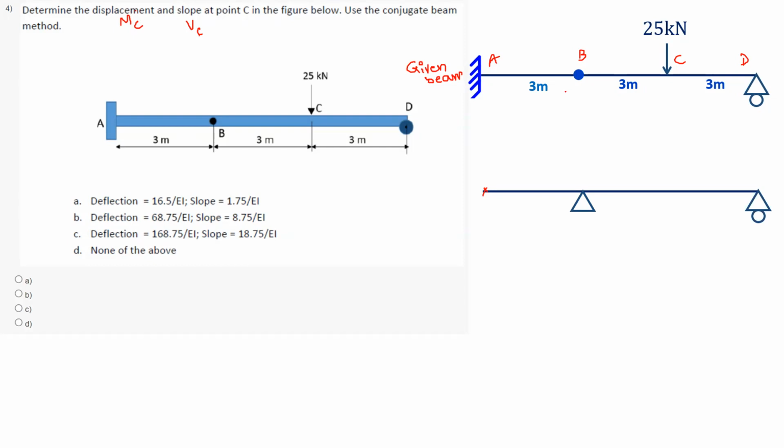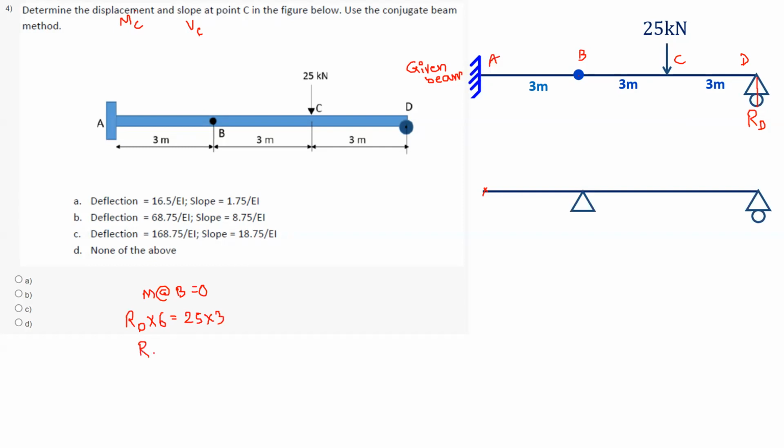Now we have to find the bending moment diagram. So for the bending moment diagram, we have to take moment about the hinge equal to 0 from the right side. If I call this reaction RD, how will we get it? Moment about B equal to 0, and then RD into 6 equals 25 into 3.